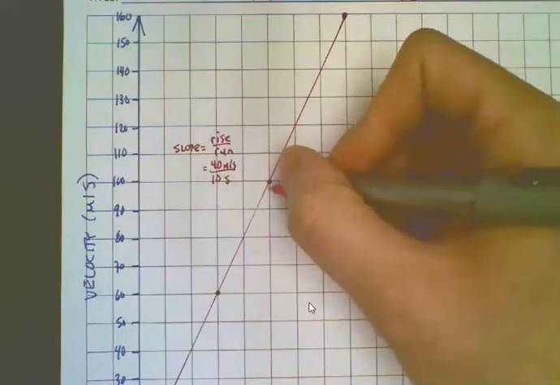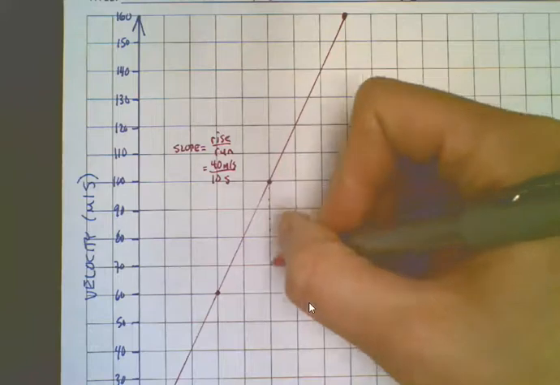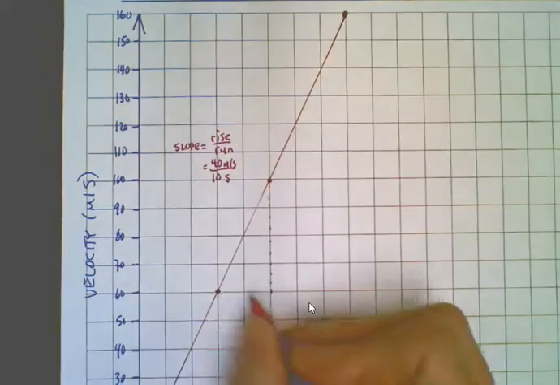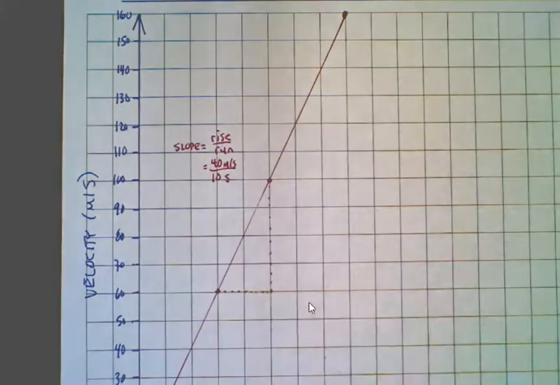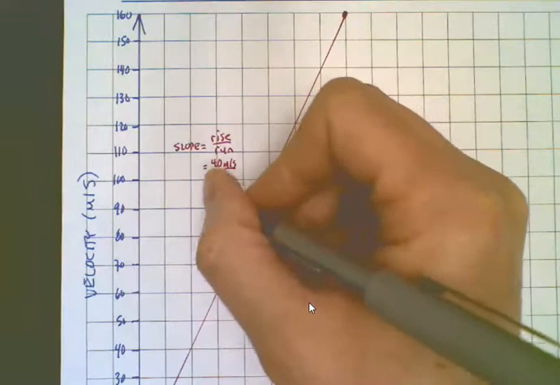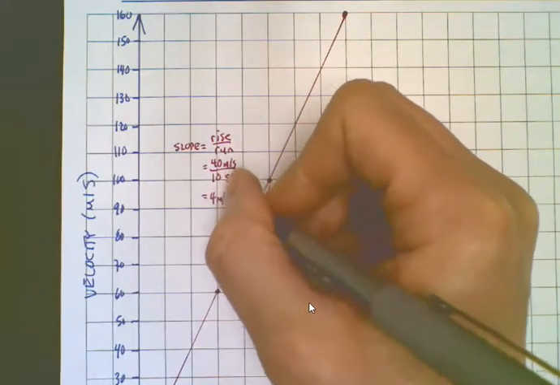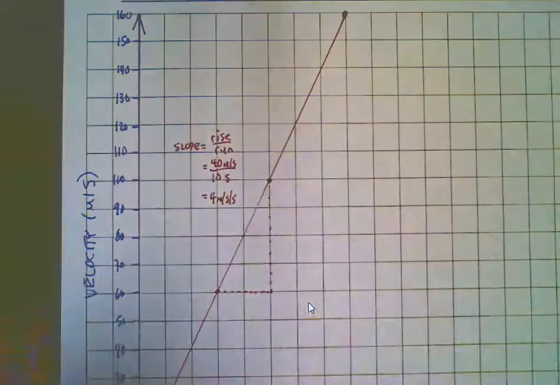We know that the run here, sorry, the rise is 40 and the run is 10. 40 divided by 10 gives us 4 meters per second squared, and that is exactly the acceleration from the question. In the question it said that Super Turtle accelerated at 4 meters per second squared.